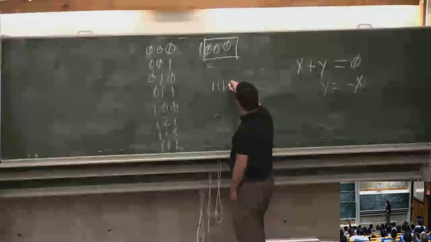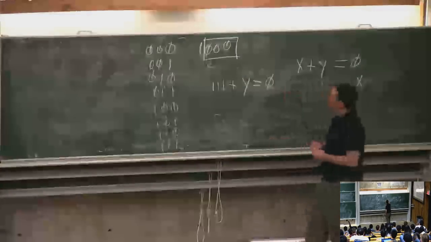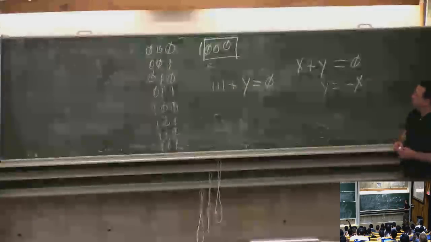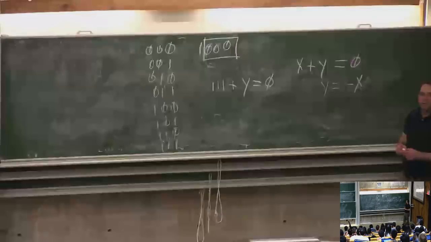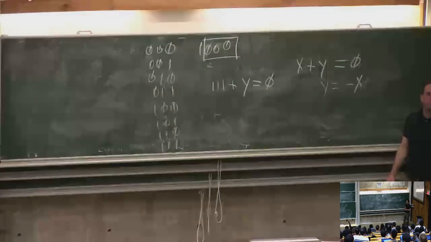I have 1, 1, 1 plus y equals 0. What does y equal? What's the obvious simple answer I'm looking for?